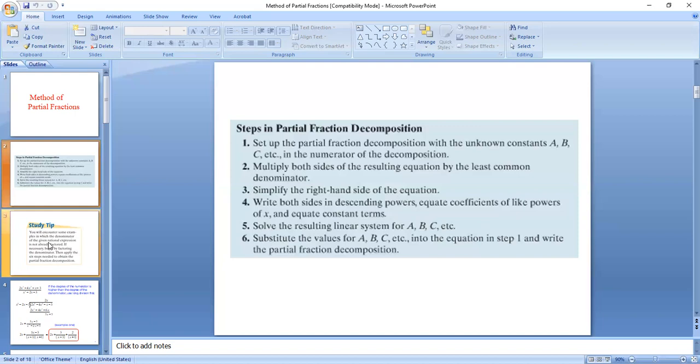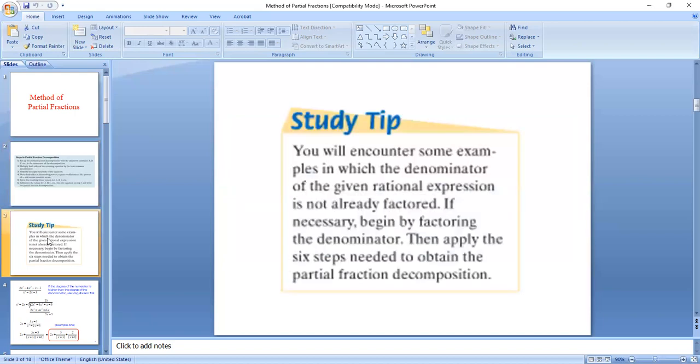Now, study step number 1. You will encounter a lot of examples of integrals that are fractional in form, or rational in form, wherein the numerator is a polynomial and the denominator is a polynomial, and they are not simplified. What do I mean they are not simplified?